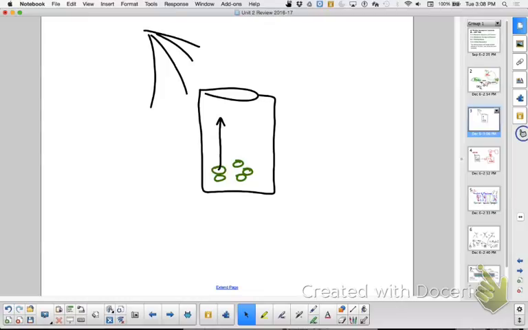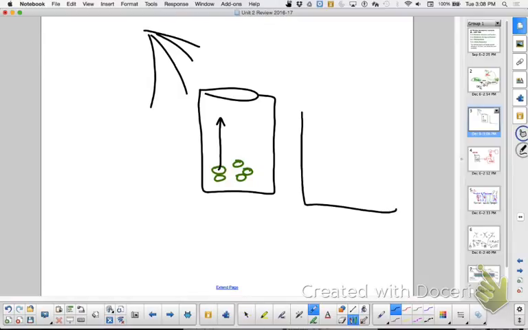Can you do a quick overview of exergonic and endergonic? Sure. So exergonic reactions release energy.